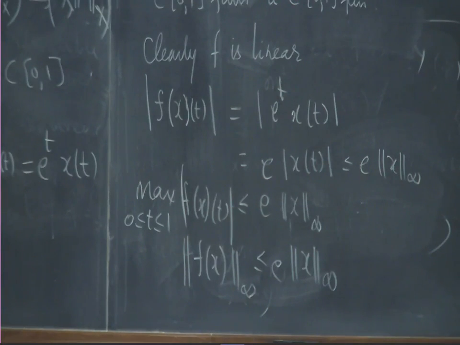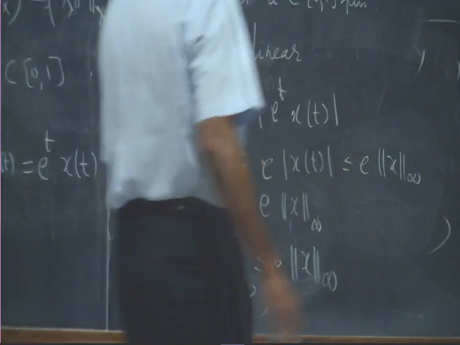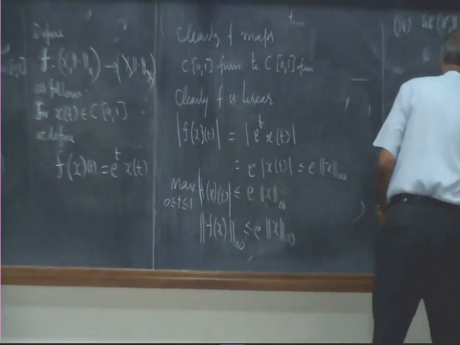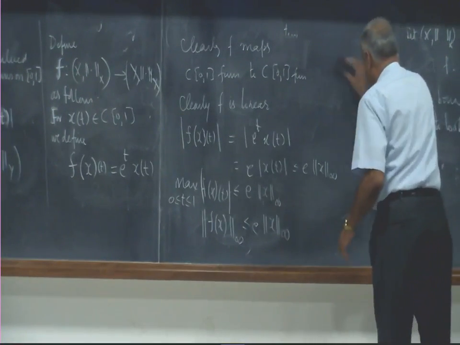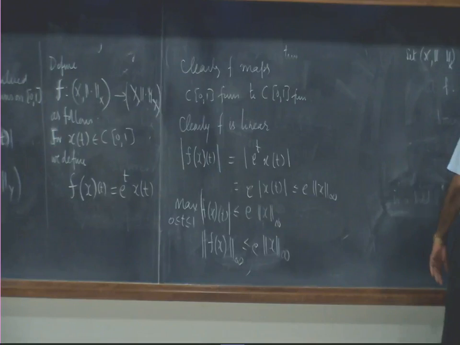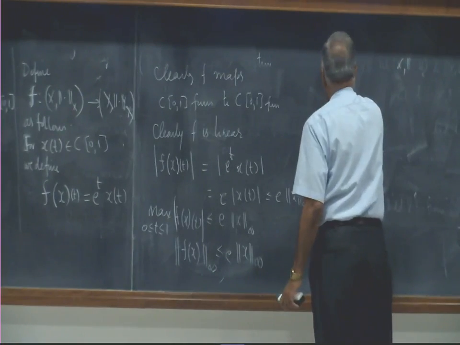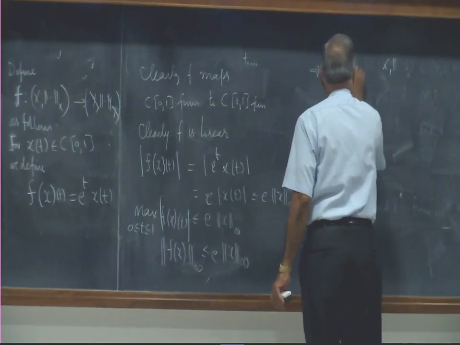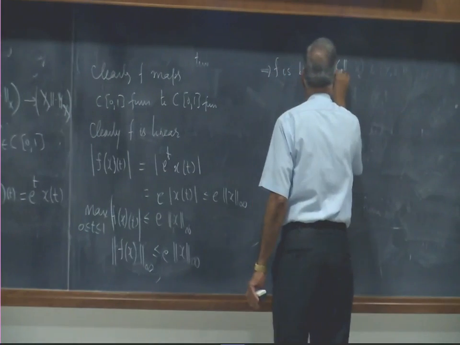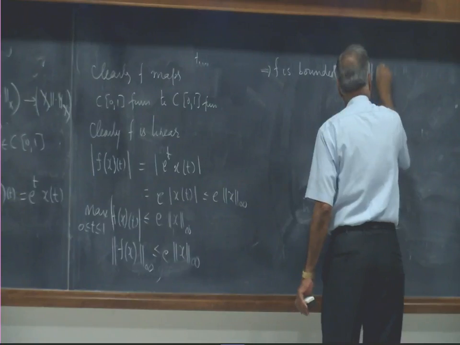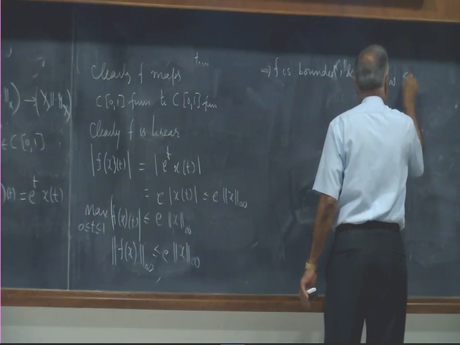A mapping is called bounded if the changed length is less than or equal to a constant times the original length. That's precisely the meaning. Therefore, which implies f is bounded and the norm of the mapping is less than or equal to e.